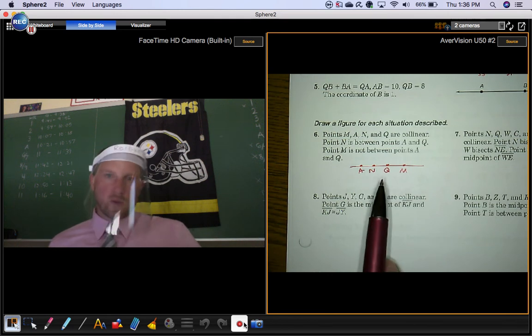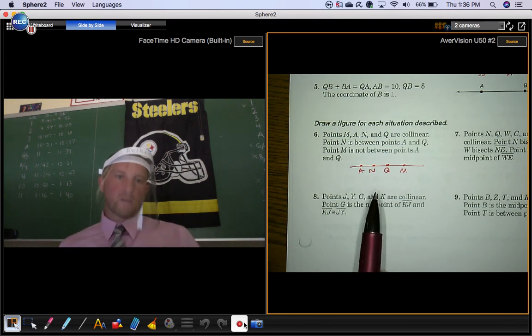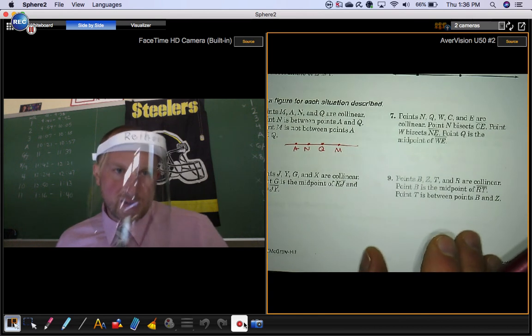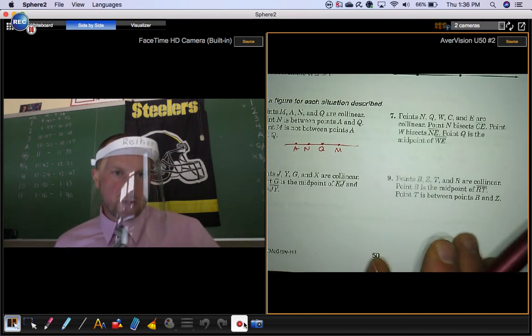Something like that would work. You can do it different ways. Sometimes the best thing to do is just draw it and see what happens. If you need to adjust from there, you can.